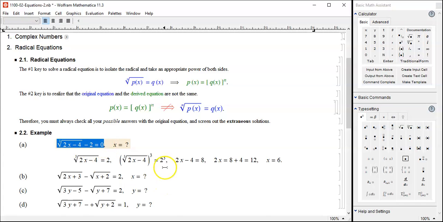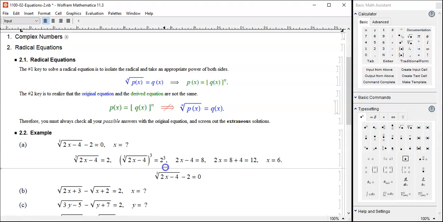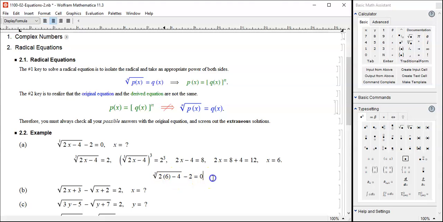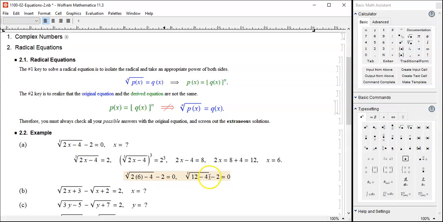Is that a solution? Check that. What do you get? This is 2 times 6. That's 12 minus 4.